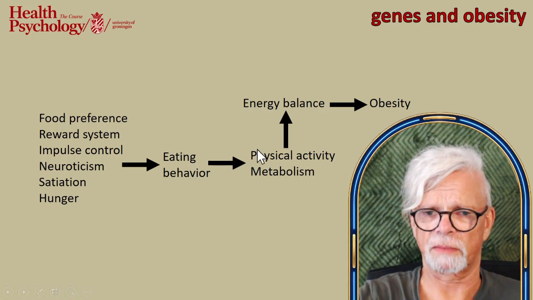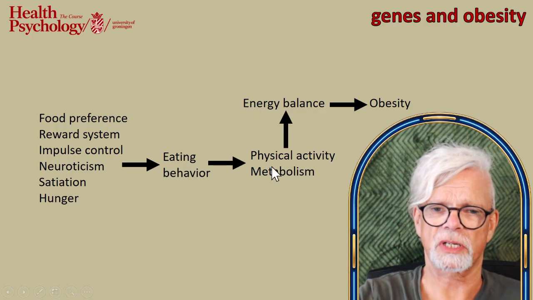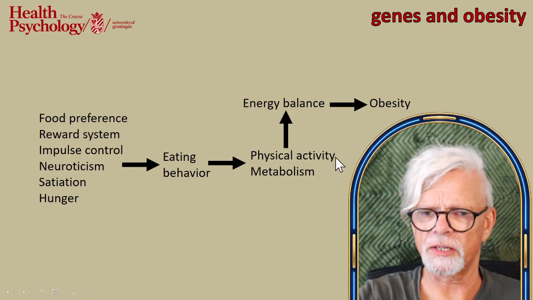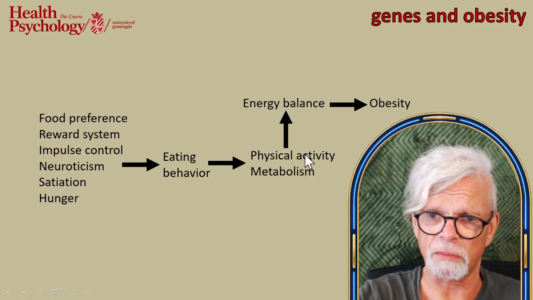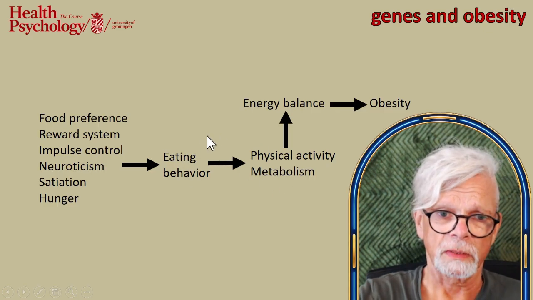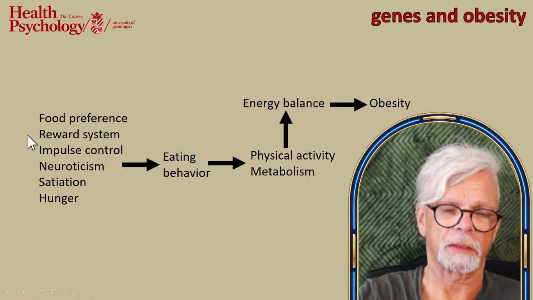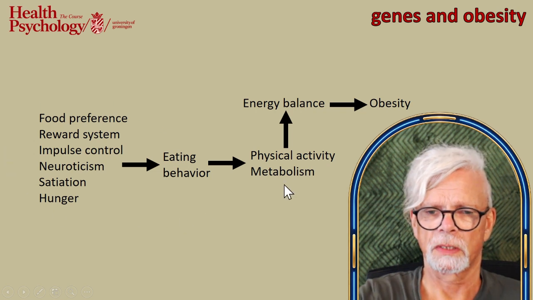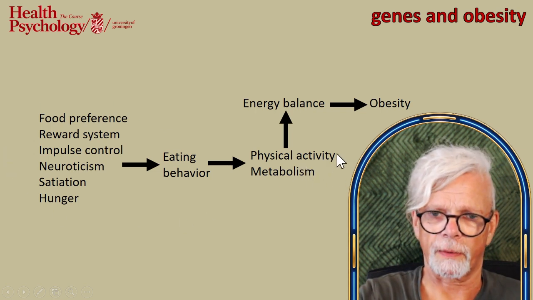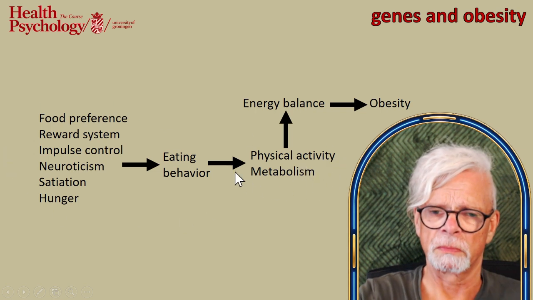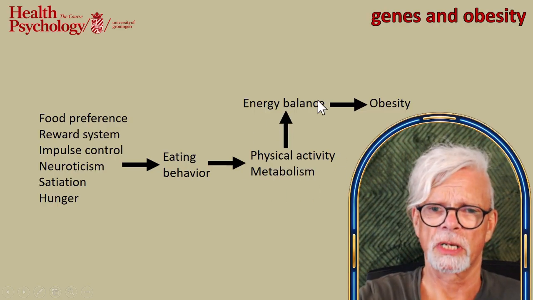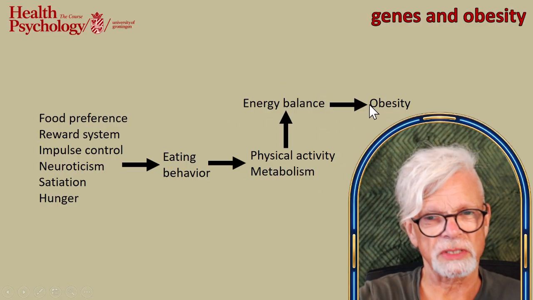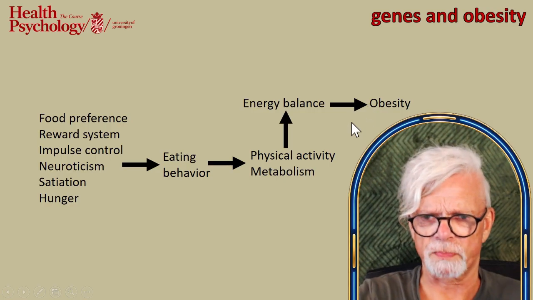And another thing is that people have genes for physical activity. How well is their body made to engage in physical activity, and how is their metabolism? And together, eating behavior, partly caused by genes, and also their physical activity, also partly based on genes, lead to a certain energy balance and lead to obesity. So this is a very different perspective.